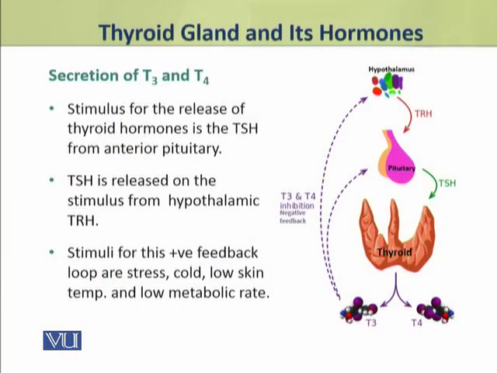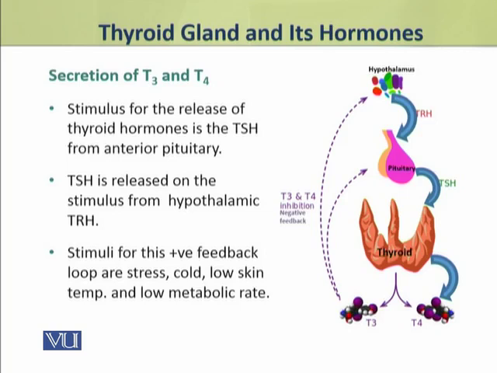The release of thyroid hormone is stimulated by the thyroid stimulating hormone from anterior pituitary. This TSH is released on the stimulus of TRH from hypothalamus. This is a positive feedback loop.